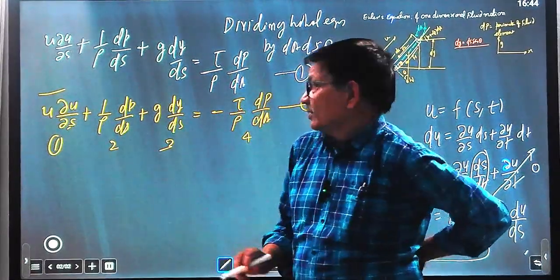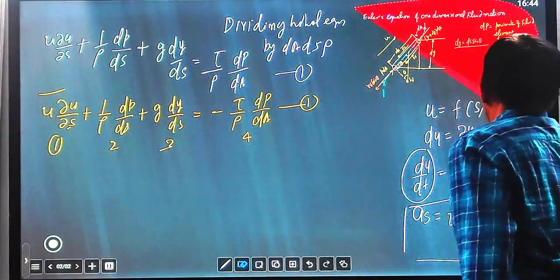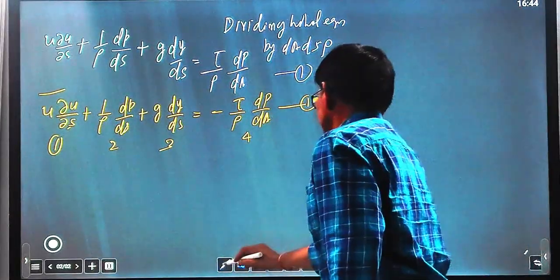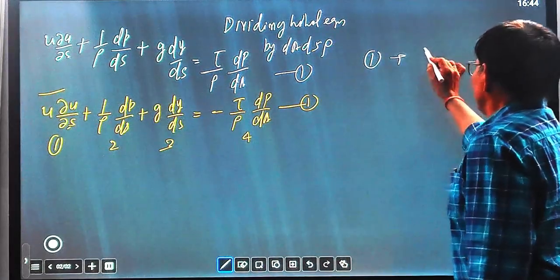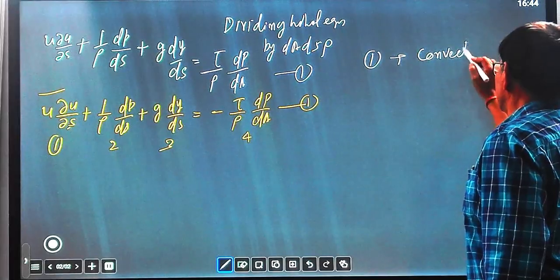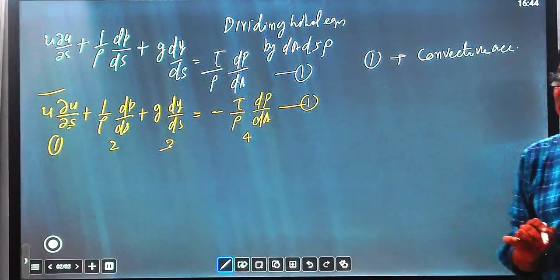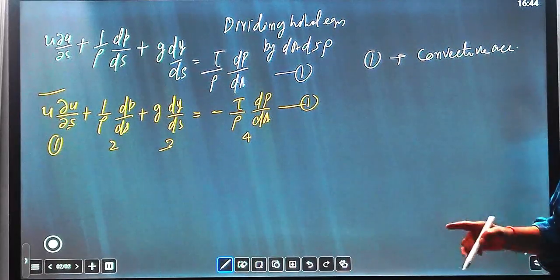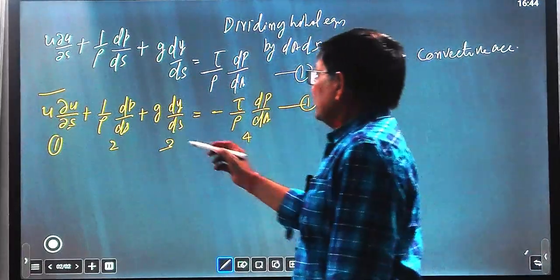So term 1 is the convective acceleration, or you can say force acting per unit mass due to change in velocity with respect to space.